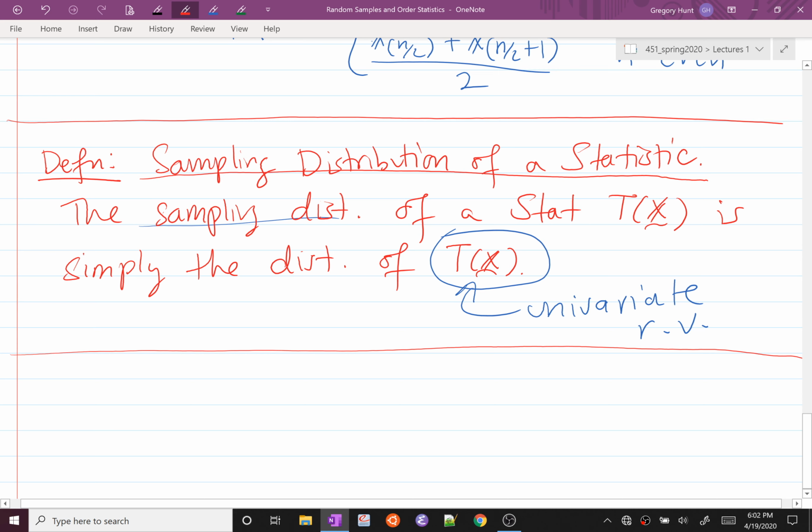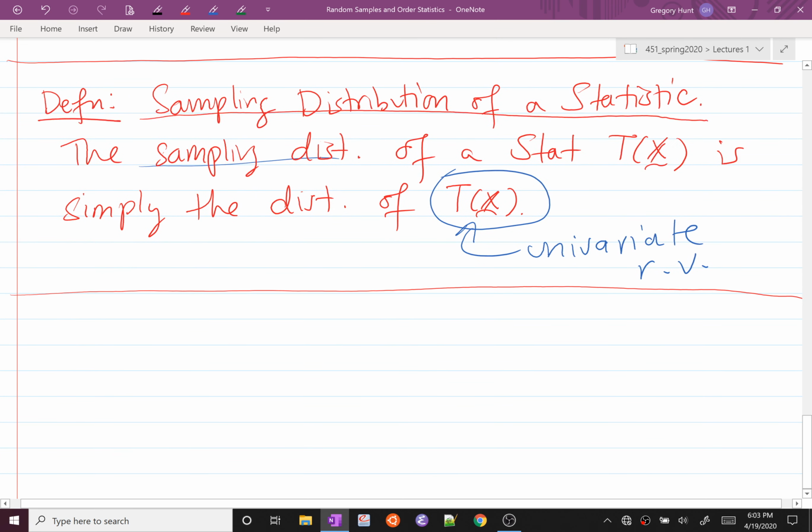If you take a course like 452, or if you don't, you can at least appreciate now, having taken probability, that you have the tools to talk about all of these properties because you understand what random variables are, what joint distributions of random variables are, and how to talk about transformations of random variables, and that's all you do when you talk about statistics. Okay.